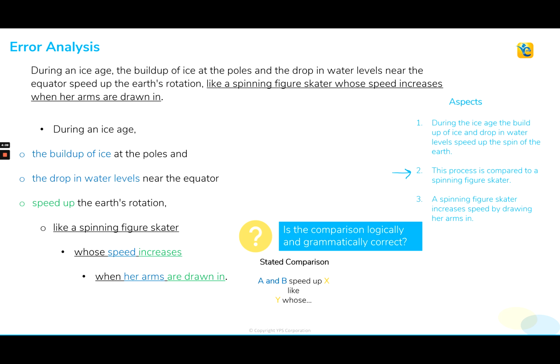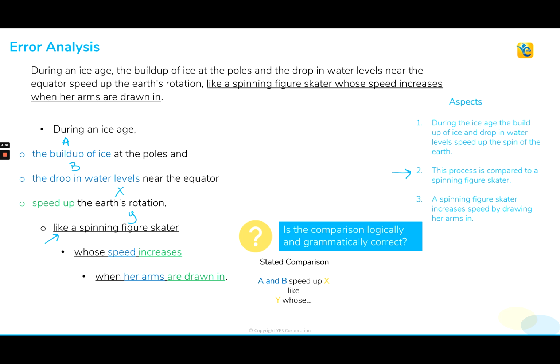So let's take a closer look at the stated comparison. Here we have A and B are sped up like Y. Here A would be the buildup of ice and B would be the drop in water levels, speed up X, which is the Earth's rotation, like, which is how the comparison is communicated grammatically, like Y, which is the spinning figure skater.